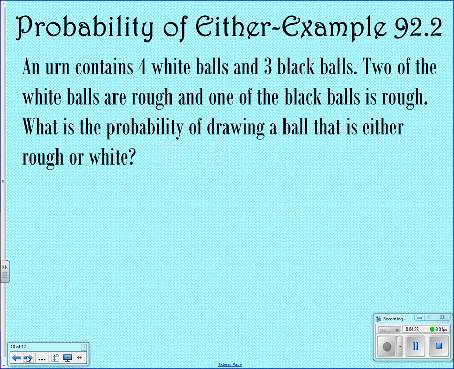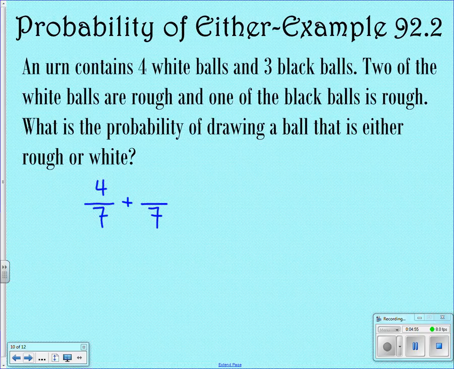Looking at another example. We have an urn that contains 4 white marbles and 3 black marbles. 2 of the white marbles are rough and 1 of the black marbles is rough. What's the probability of drawing a ball that is either rough or white? So we have 7 balls in total here in our urn, and how many of them are white? Well, 4 of them are white, and then how many of them are rough?